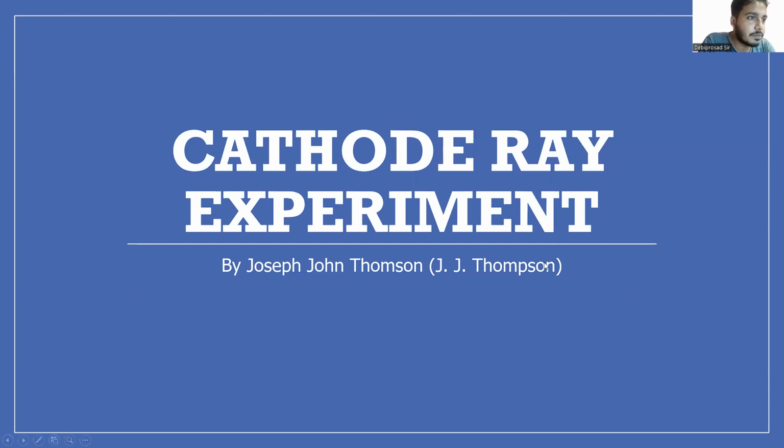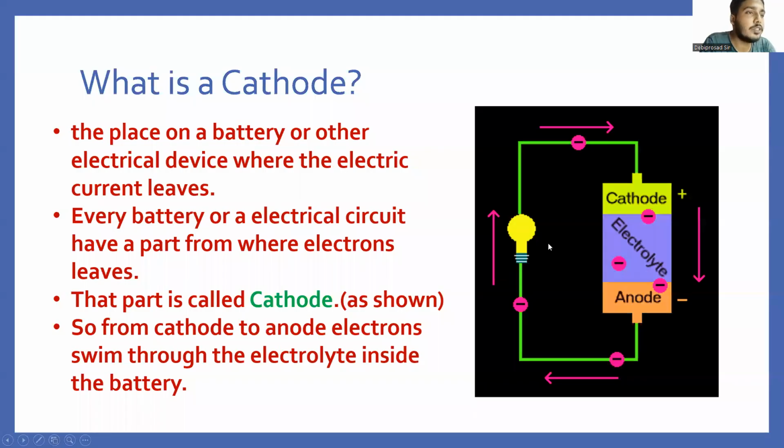So let's start. The first thing to know about the cathode ray experiment is what a cathode is. Just think about a battery that is connected with a bulb, as you can see in this diagram. In a battery, there are two things that generate electricity: the cathode and the anode, which are joined by this blue structure labeled as electrolyte. The electrolyte is responsible for the electrons jumping from the cathode to the anode.